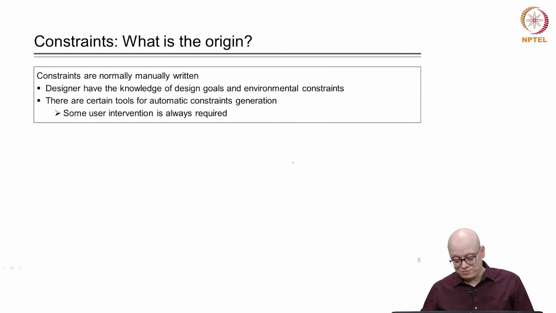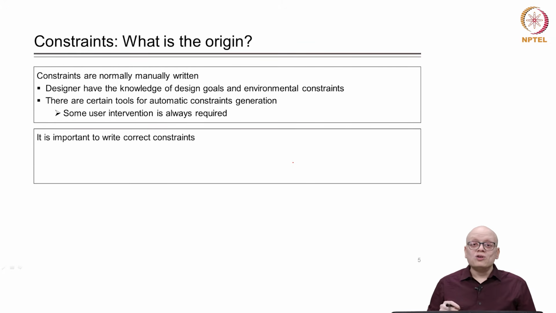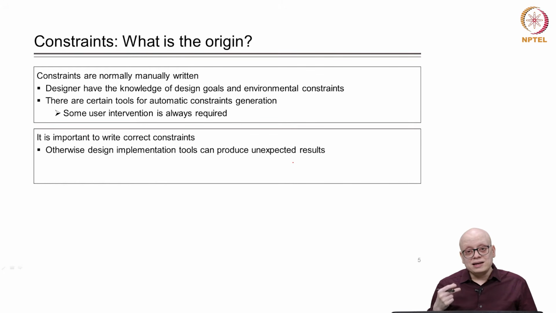That information needs to be provided by the designer to the tool through the constraints. Now, since the constraints files are manually written, there is a greater chance of introducing errors, and therefore, while writing the constraints file, we have to be very careful. If the constraints are wrong, the design implementation tool can produce unexpected results. Of course, the tool will work on the information we give it as constraints.